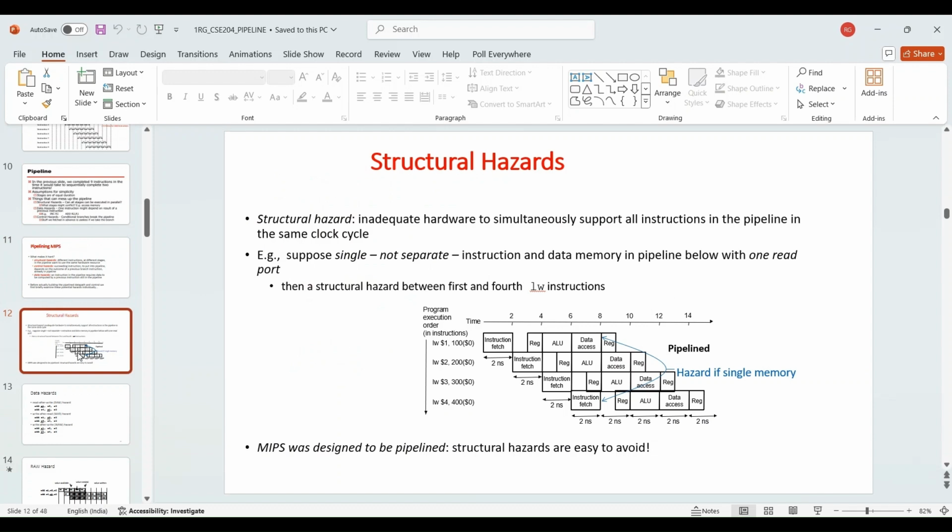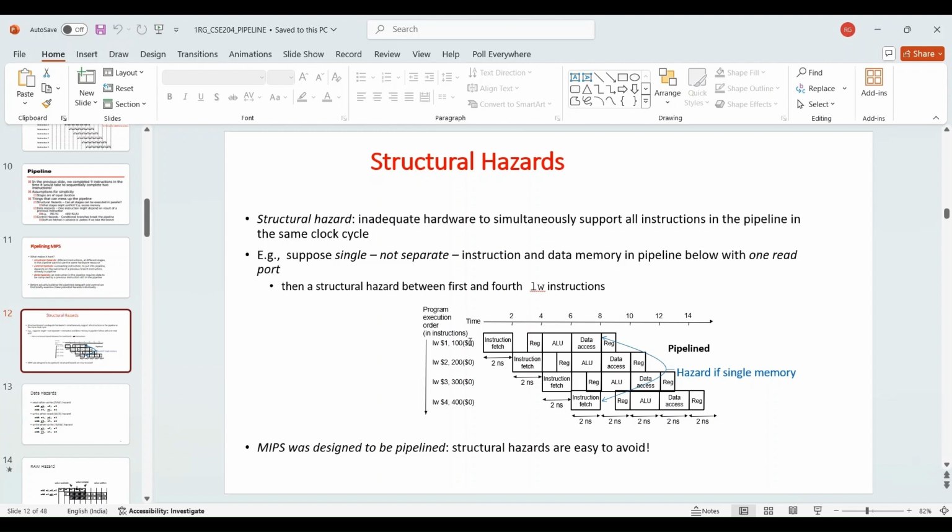And here you can see the five stages of the pipeline: instruction fetch, then register read, then ALU, then data access, and then register write. So instruction fetch will fetch this instruction, then register read because it has to bring $1 and $0, the names of registers from the register file. Then ALU will compute this 100 with $0 in parentheses. This is one way of addressing mode.